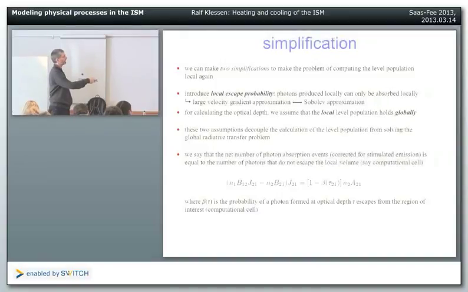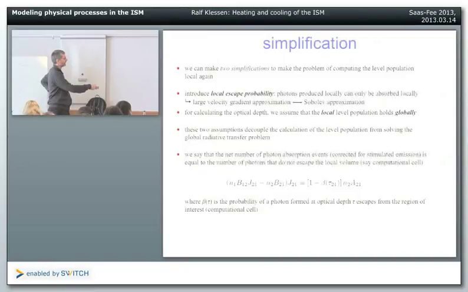So if these two assumptions hold, we have now decoupled our system from the radiation field and it becomes local again. So why is that the case? Let's say the net number of photon absorption events that we correct for stimulated emission is equal to the number of photons that do not escape the local volume, then we have a sub-equation for detailed balance.